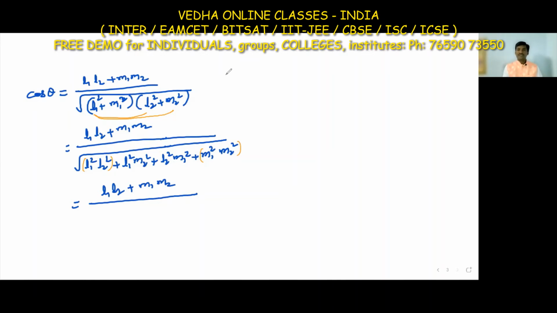Whenever we write them together, that means under root of L1 L2 whole square, and M1 M2 also as whole square. And the remaining terms as they are: L1 M2 and L2 M1.